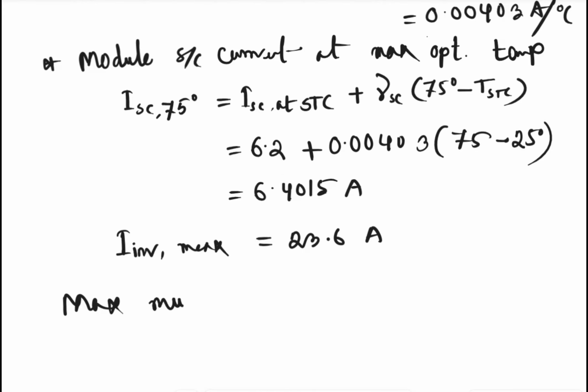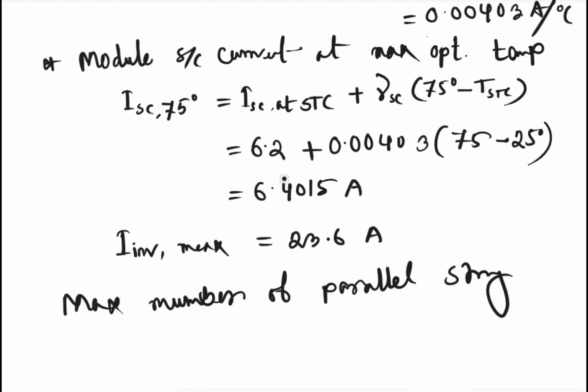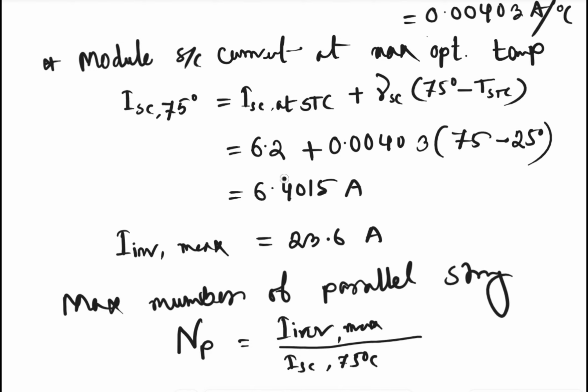The maximum number of parallel strings is equal to the inverter maximum current over the short circuit current of the module at 75 degrees Celsius.